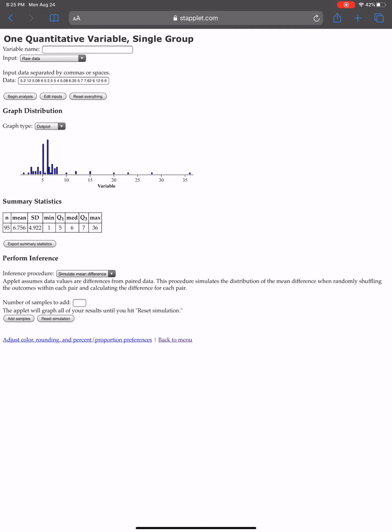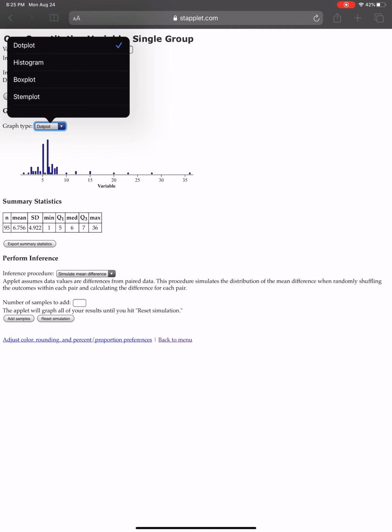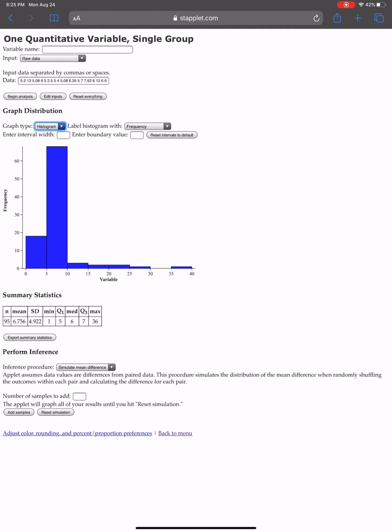Now, this is a dot plot, and we're going to look at a histogram. So here's my histogram right here. As you can clearly see, a lot of people estimated between 5 and 10. But there's something here that I want you to notice that was different about the histogram I gave you in example 4. This time we have our summary statistics right here underneath our graph.